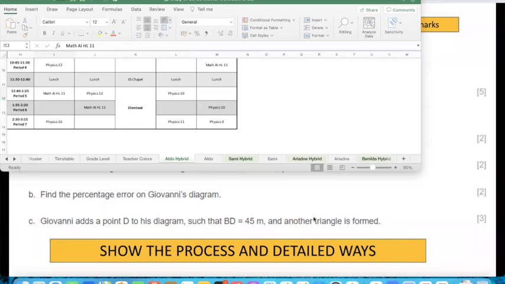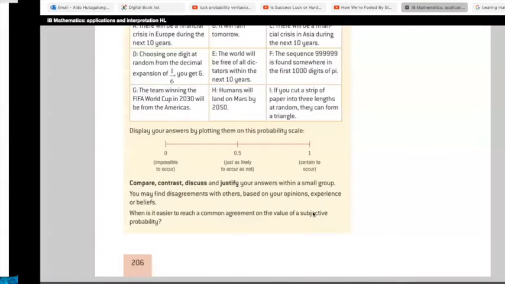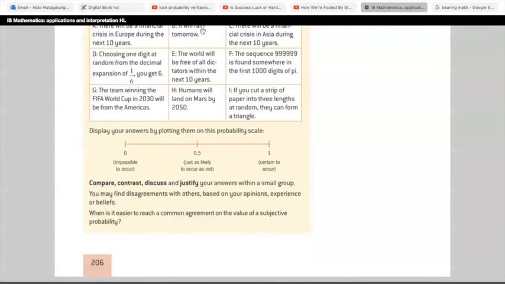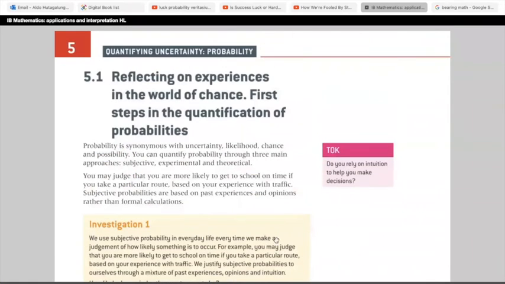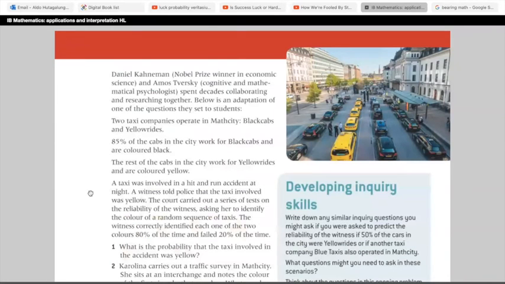Okay, so can you hear me clearly, guys? Oh yeah, okay. So here we start with the simple idea here. I think it's actually before.